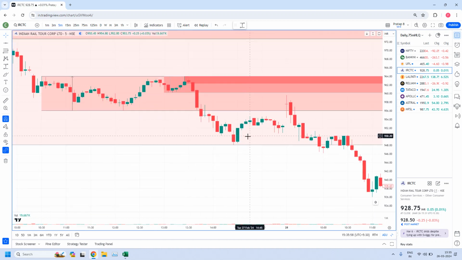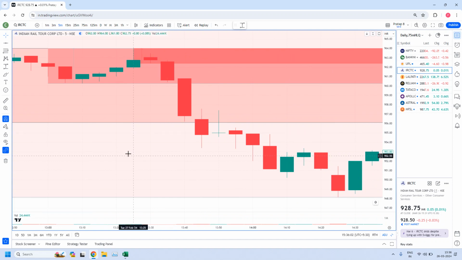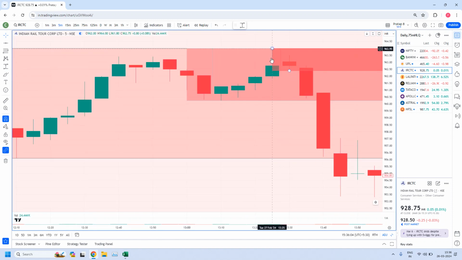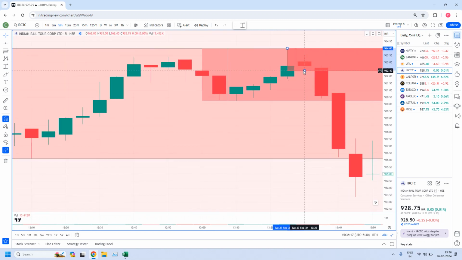But look into this. Here we have one more. You can consider this as an ERC candle, leg candle. You have a base candle, you have a drop candle. From this zone you can plan the trade. If you want to reduce the risk, you can also further reduce like this.